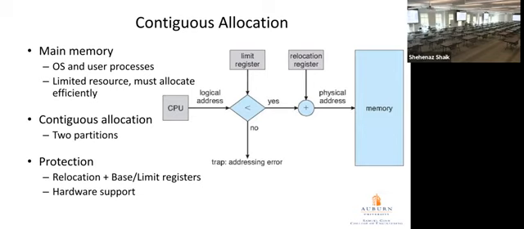As part of this approach, the contiguous allocation, each process is allocated only one chunk of the physical memory with contiguous addresses. So the entire address space of the process is located in one part of the memory.